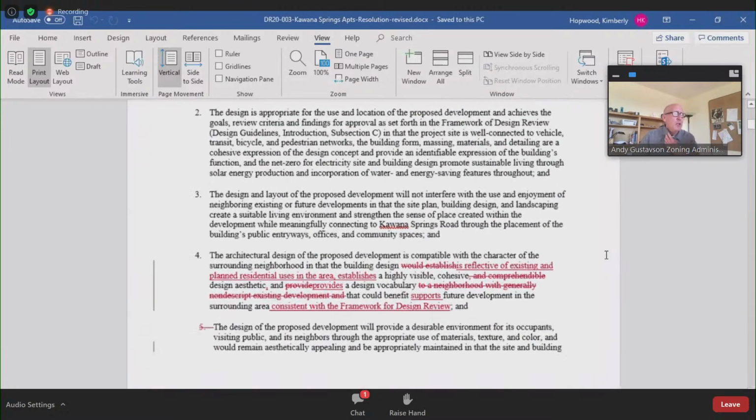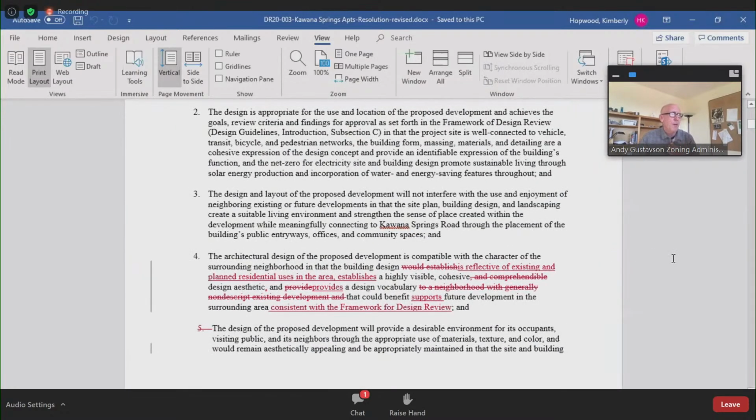This language, this revision, I think is probably getting more at the important issue of how do we make a finding that the design of proposed development is in character with the surrounding neighborhood, which in this case is really at a density and residential type that will change over time.